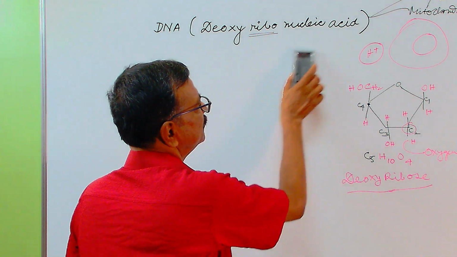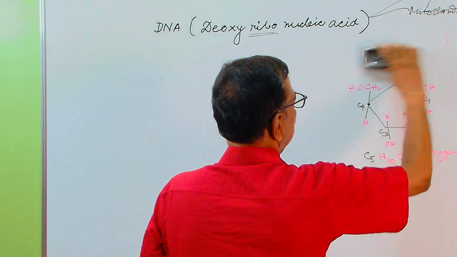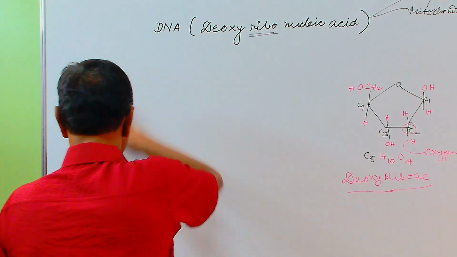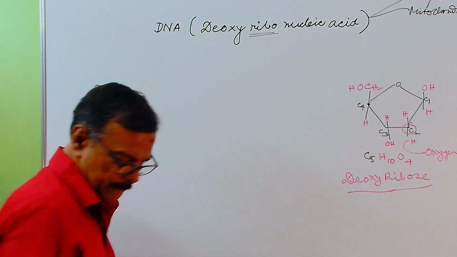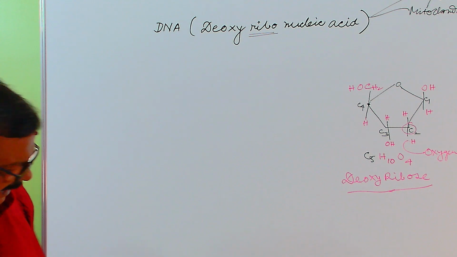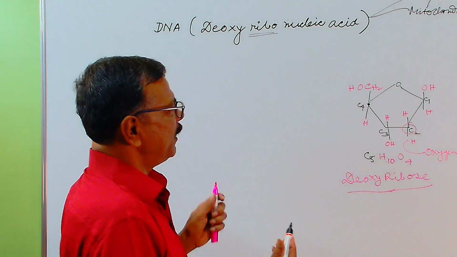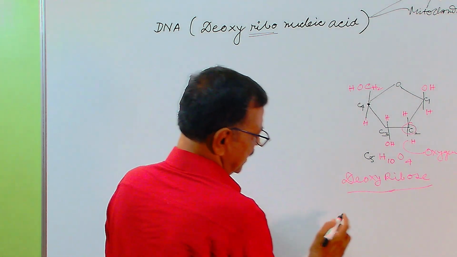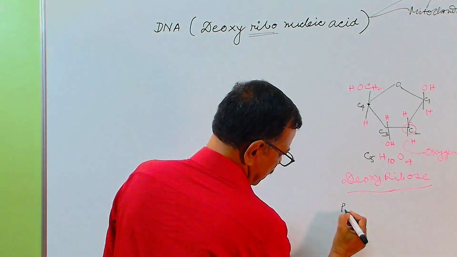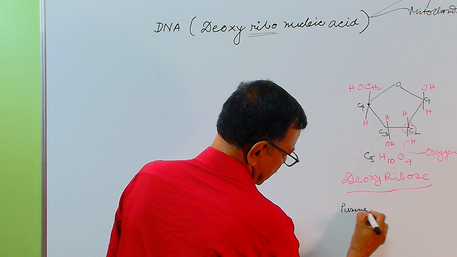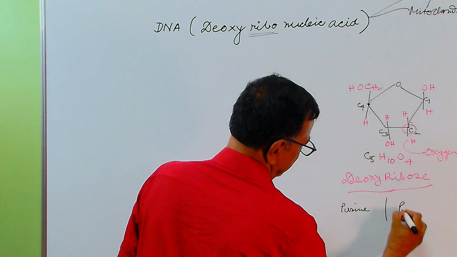Now, we go into the detail of this deoxyribose. There are nitrogenous bases. It is known to everybody that nitrogenous bases are of two types, purine and pyrimidine.